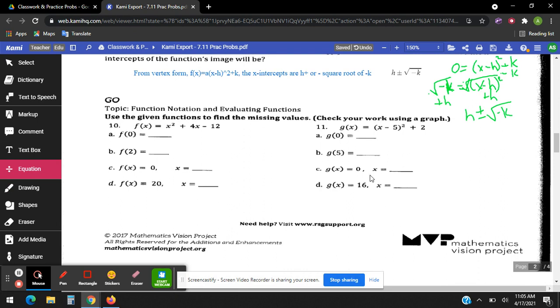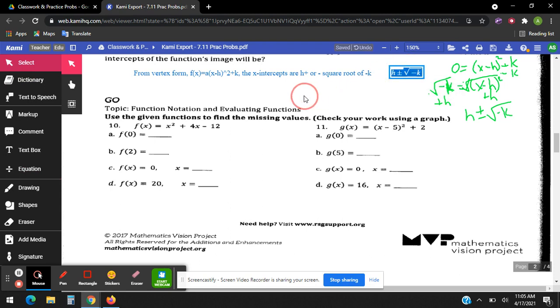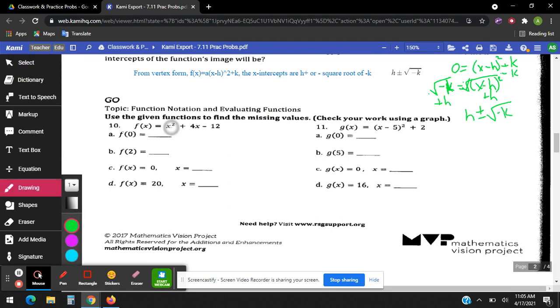All right, so use the given functions to find the missing values. So if I'm going through this process, think about what we just used here. Actually, I'm going to move that guy down. Nope, doesn't want to move. Okay, we'll see if we can just keep it in the screen. So f of 0, if I throw in a 0 here, 0 squared is 0, plus 4 times 0 is 0.